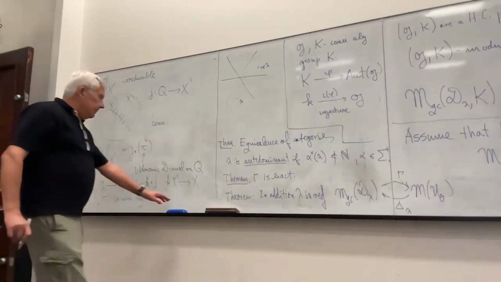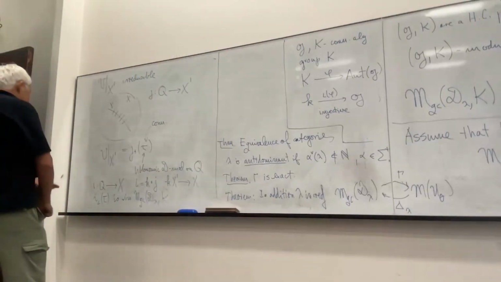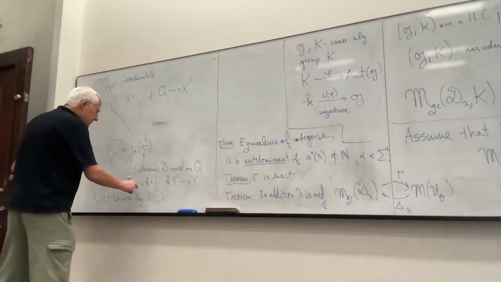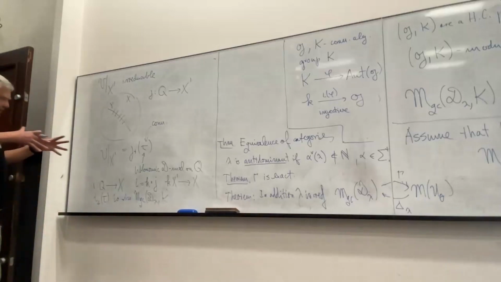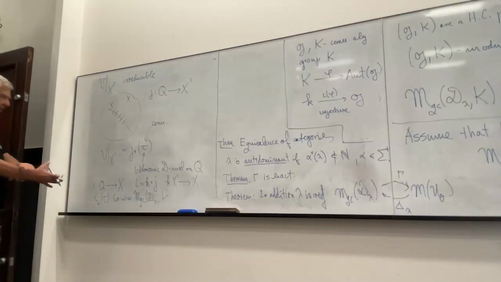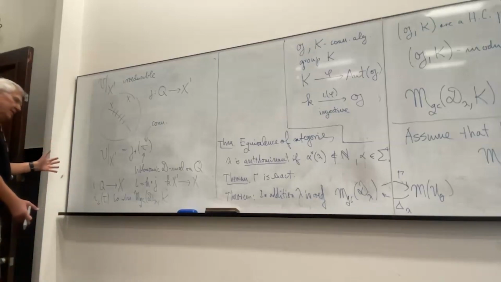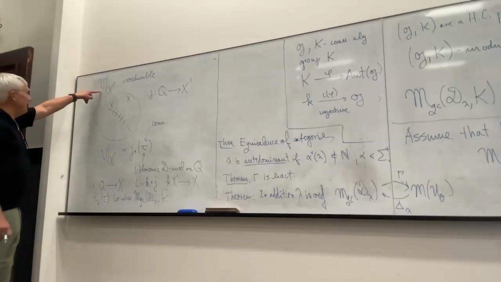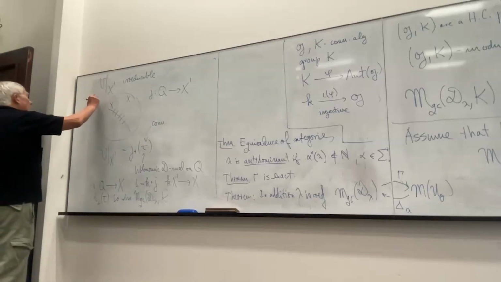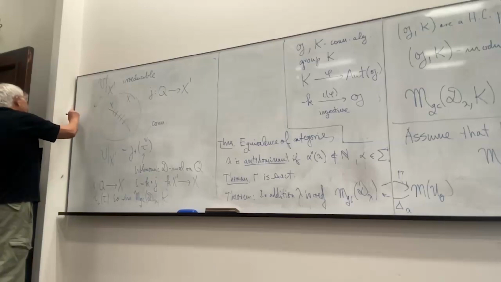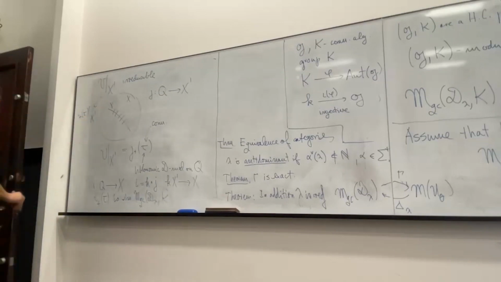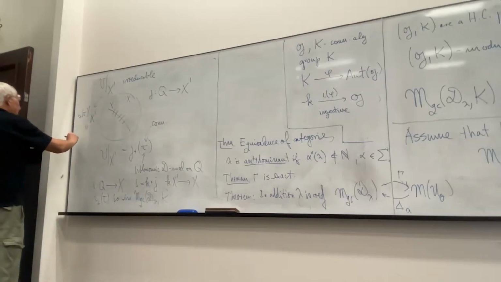On the other hand, since the direct image for an open inclusion is just the standard sheaf theoretic direct image, and its adjoint is the restriction, we see that Y on X prime is the same as I plus tau on X prime, which is the same as J plus tau.